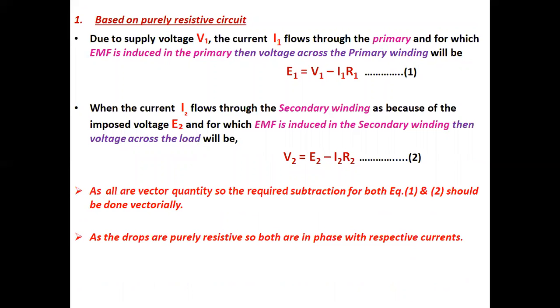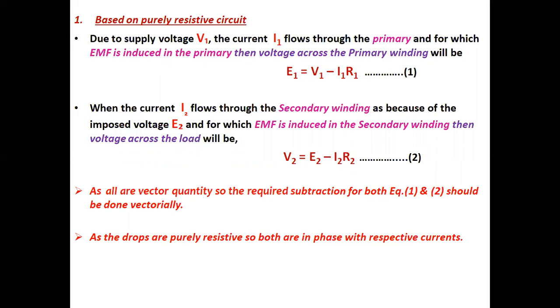Case 1, based on a purely resistive circuit. Due to supply voltage V1, the current I1 flows through the primary, for which an electromotive force is induced in the primary, then the voltage across the primary winding will be U1 equals V1 minus I1 R1.